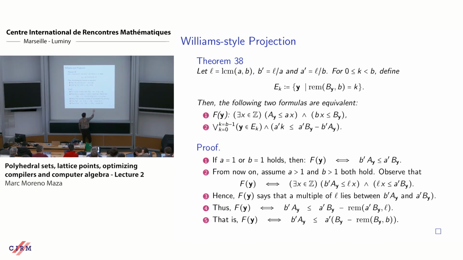Because now I want to say for each value of that thing, I have a condition. So that quantity, this is an integer, can be a number between 0 and b minus 1. So for each of these values, I have the condition shown at point number 2 in the statement of the theorem.